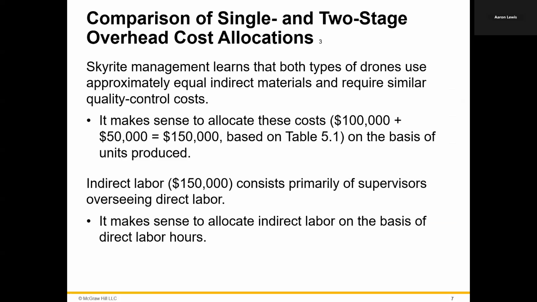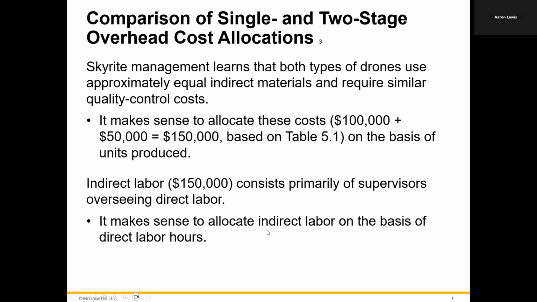And if we do so, we'll put $150,000 into that pool. Keeping indirect labor in a pool by itself, $150,000, we can have that be our second pool. And this first pool should be based on the number of units produced. Well, indirect labor might not make sense to use units produced in this case because some units are more labor intensive than others.